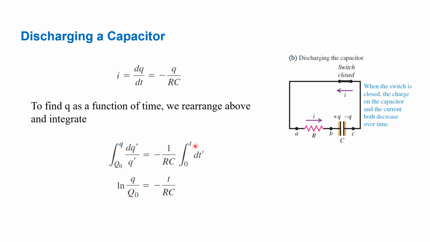Integrating, you have ln Q over Q naught equal to negative t over RC.